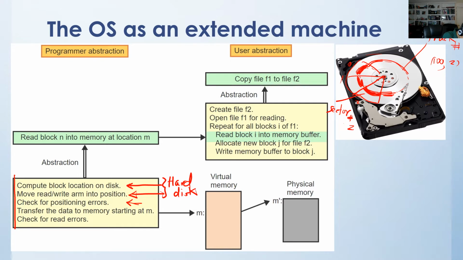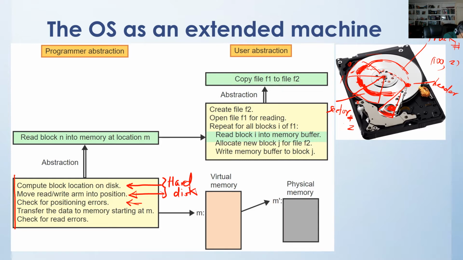Now, before you do this, you need to compute the block location on disk and move the read and write arm into position. So that's the header. You actually move this arm back and forth, and rotate the magnetic disk so the header can reach the block, and then the header starts to read the data on the block.